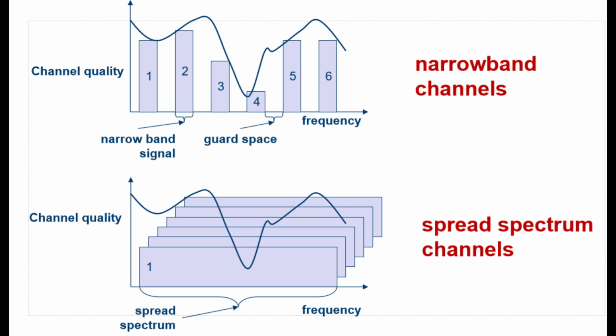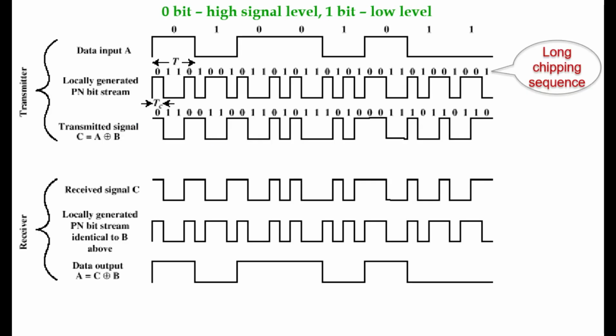Frequency hopping spread spectrum, FHSS: the signal repeatedly switches frequency according to a specific pattern. Direct sequence spread spectrum: the signal is multiplied by a pseudo-random noise spreading code.